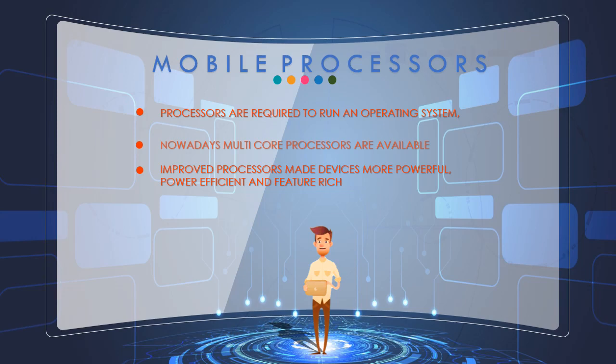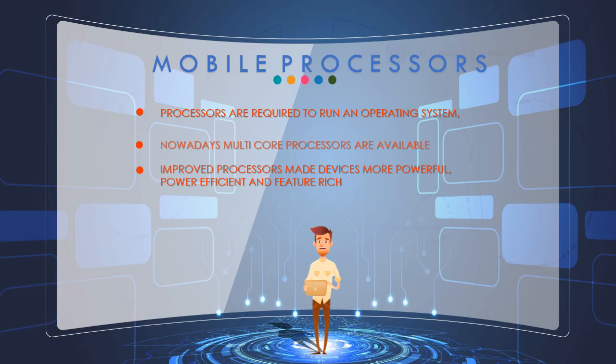In the first generations, processors were only single core systems. Then dual core came, then quad core, hexa core, and even octa core are available today. Most processors available today are 64-bit processors, but earlier there were only 32-bit processors, thereby increasing the processing capability and power of the device.